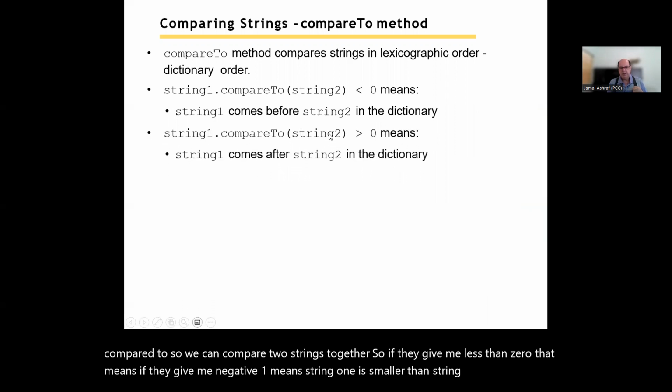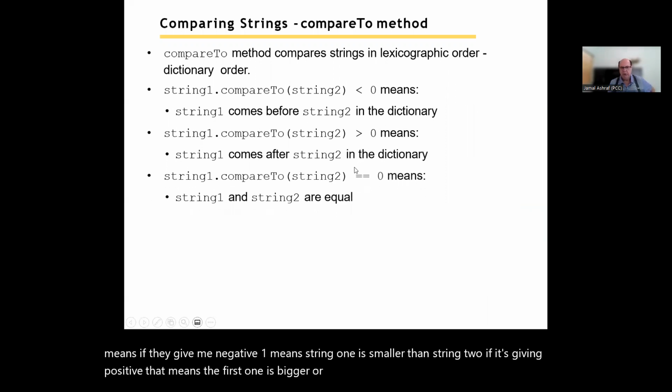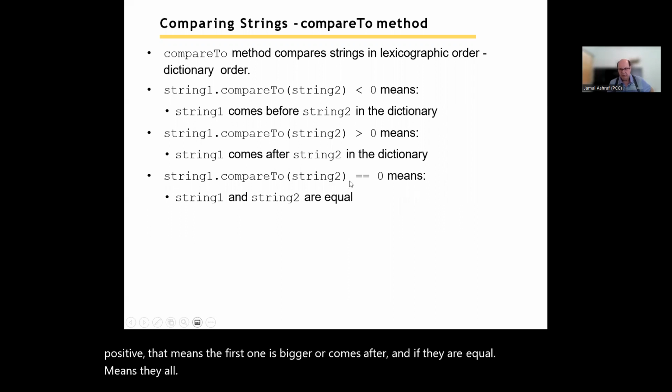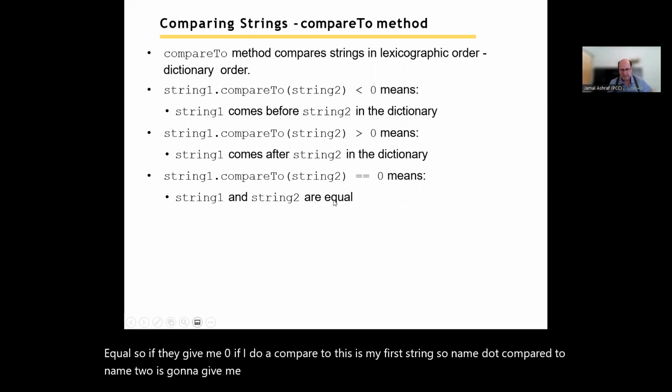If it's giving me positive, that means the first one is bigger or comes after. And if they are equal, it gives me 0. So name dot compareTo name2 giving me 0 means they are exactly the same thing.